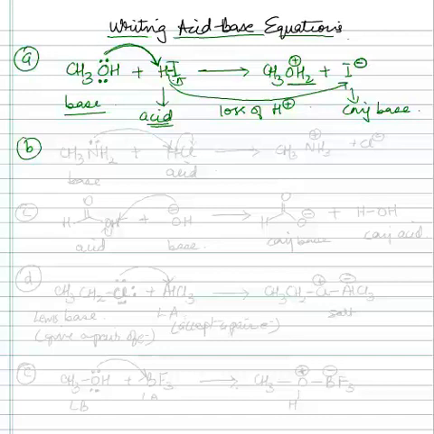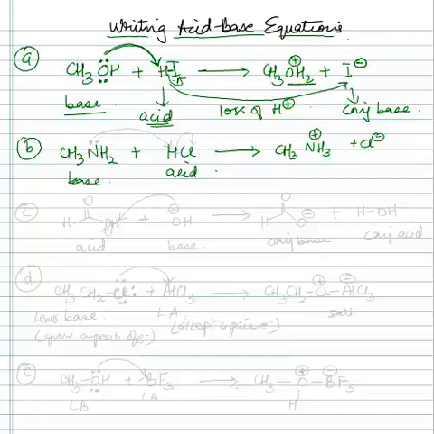Let's do another one. CH3NH2 plus HCl to give CH3NH3 plus Cl minus. Now instinctively, hopefully you know that HCl is the acid, so right here acid, then base.